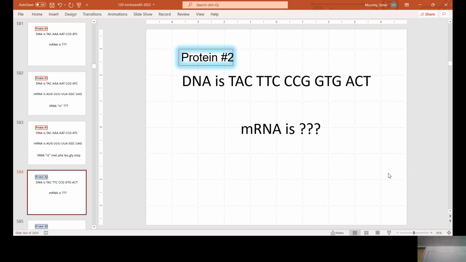So we've got our protein up top there: TAC, TTC, CCG, GTG, ACT. What is our messenger RNA going to look like for that one?